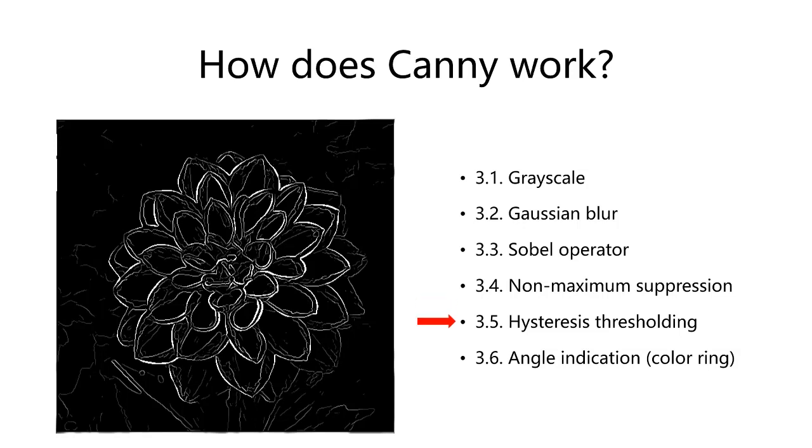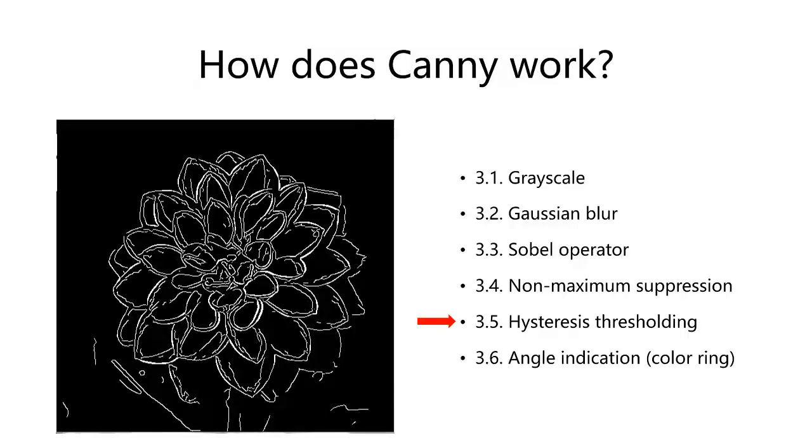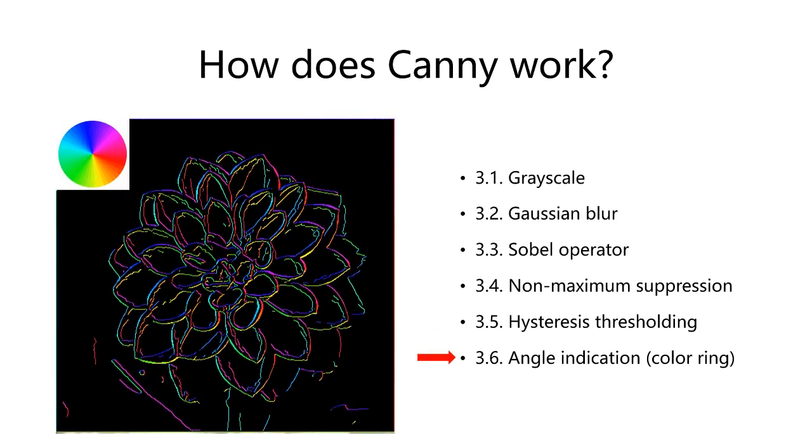After that, the Canny edge detector uses a method called hysteresis thresholding. Actually, it's a two-way thresholding to preserve as many strong edges and get rid of as much noise as possible. In the last step, we use different colors to indicate the angles or directions that the edges are facing.